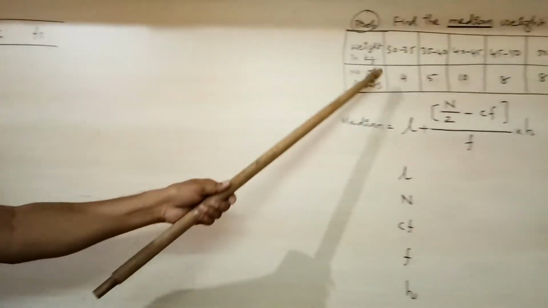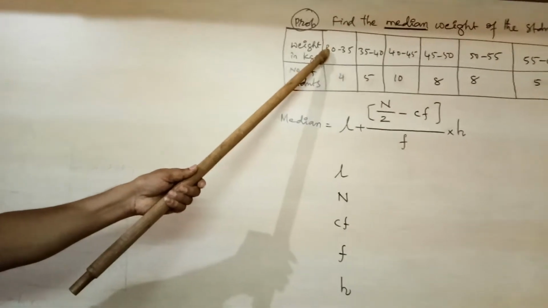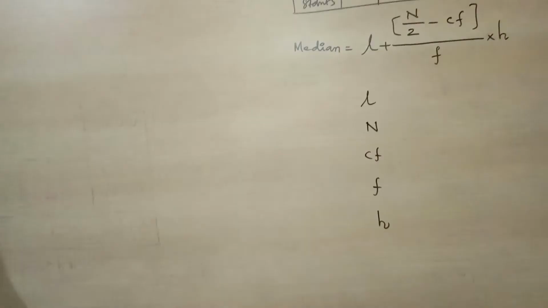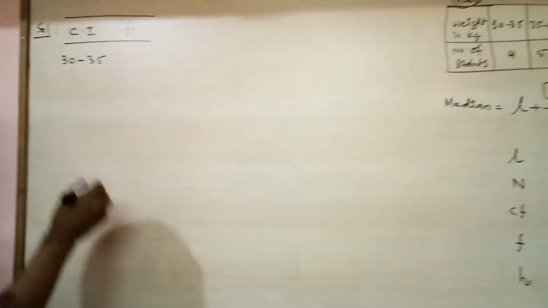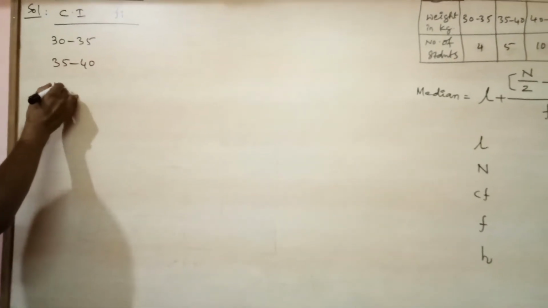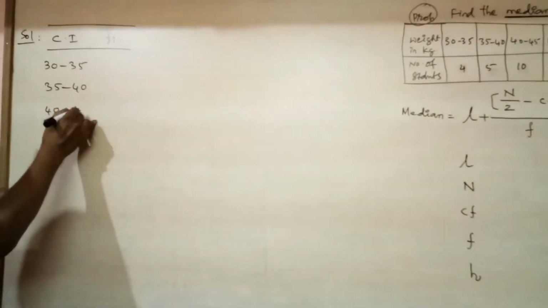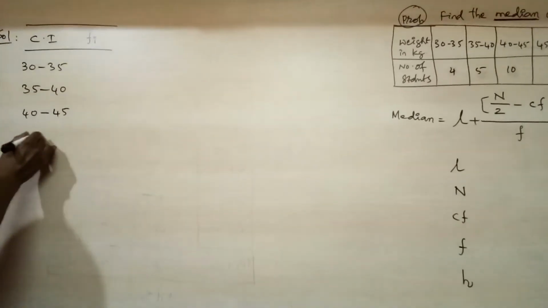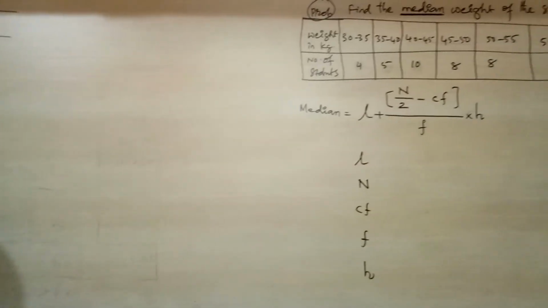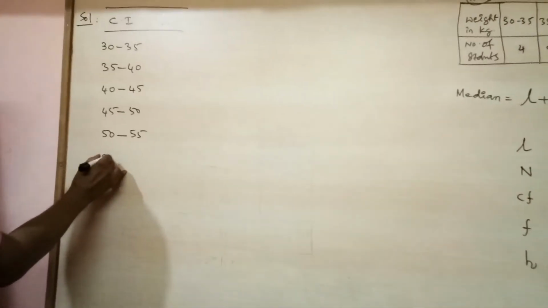Here the given classes start from 30-35 and go up to 55-60. 30 to 35, 35 to 40, 40 to 45, 45 to 50, 50 to 55, 55 to 60.